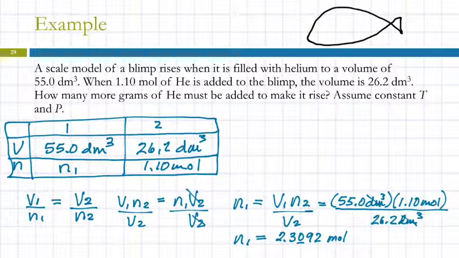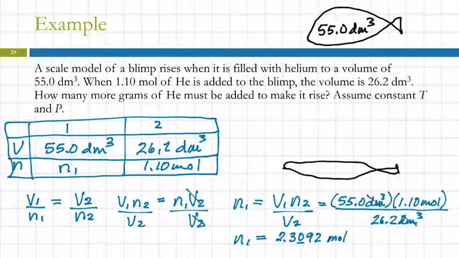There's the blimp floating, and when it's floating, it has a volume of 55 cubic decimeters. What we're starting with is kind of a scrunched up blimp. It's partially full. And we're told that the volume of that was 26.2 cubic decimeters.